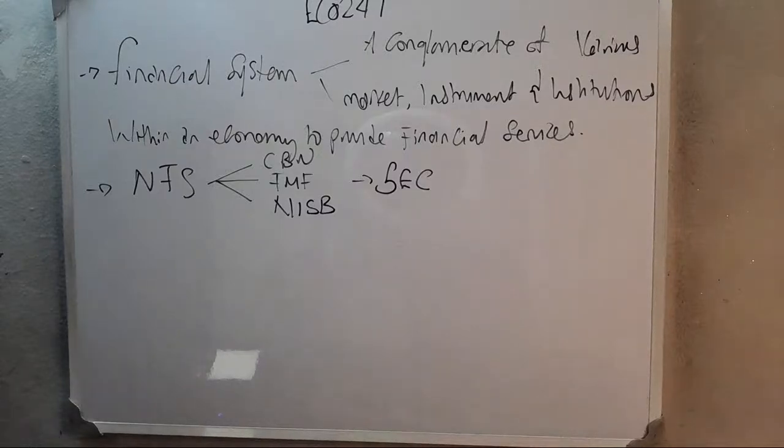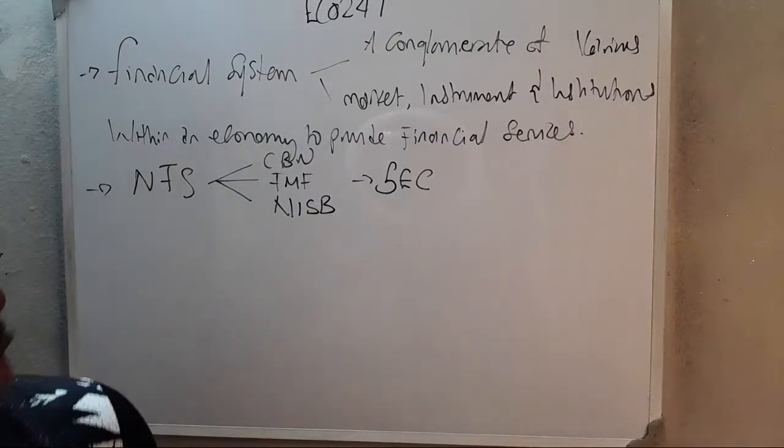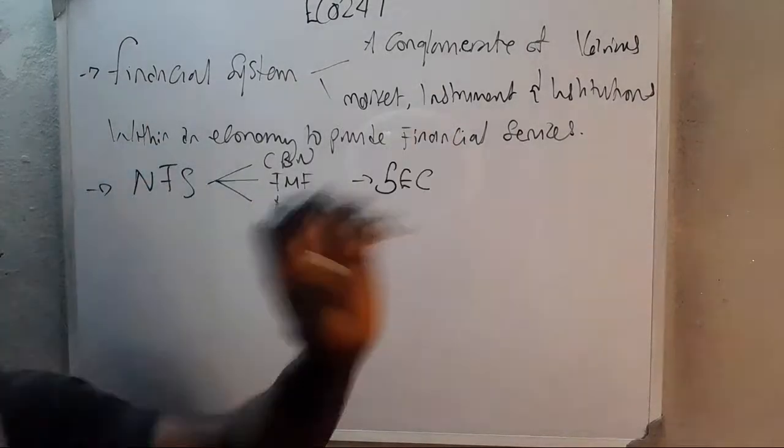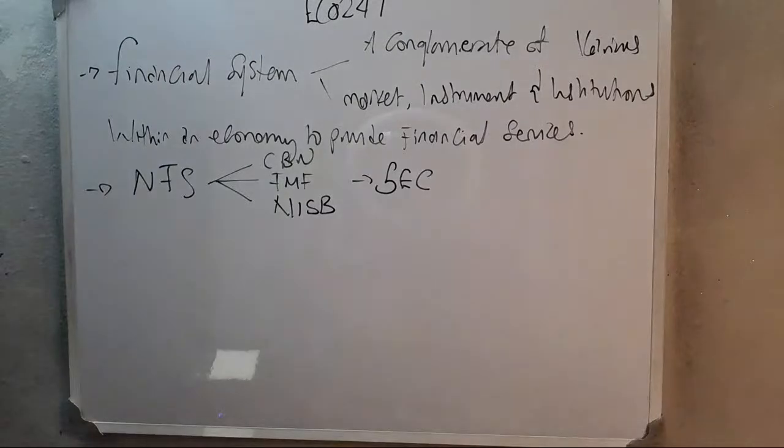And we have the likes of non-banking institutions, which include finance companies, insurance houses, and pension fund administrators. The list can continue. All this put together makes up the Nigerian financial system.